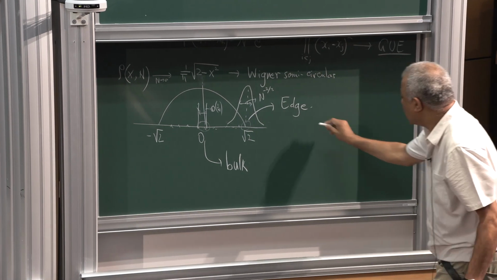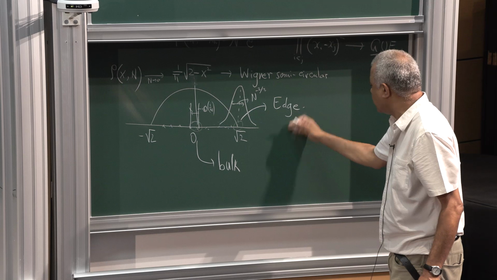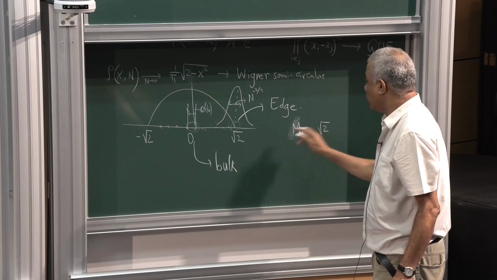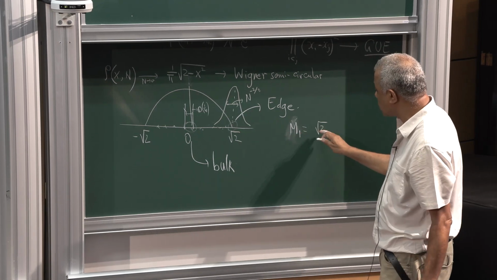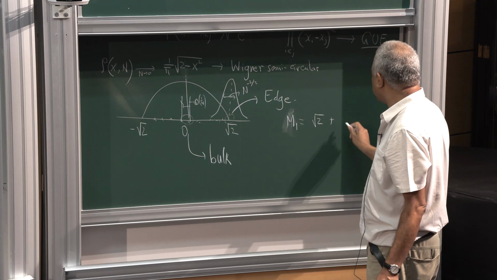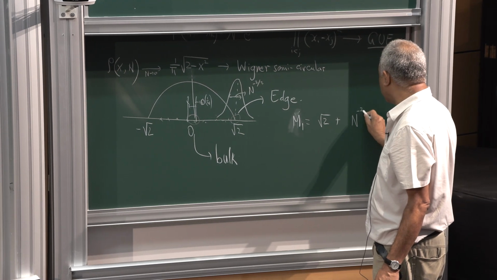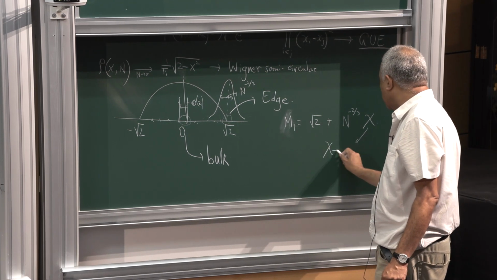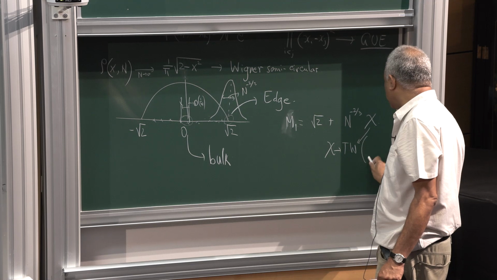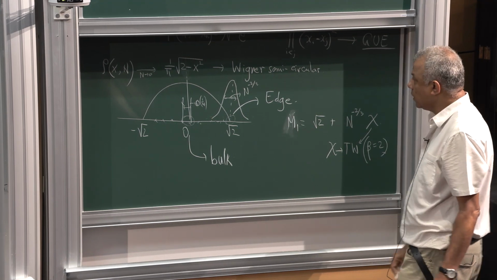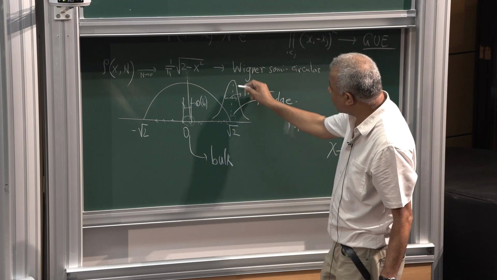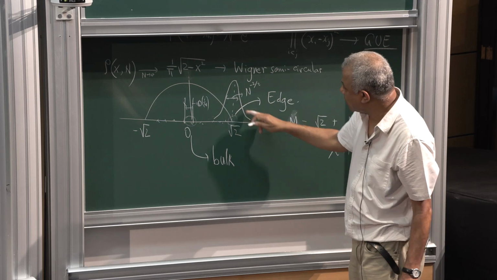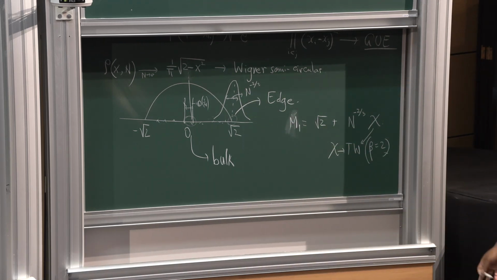So the maximum, x max if you like, or m1 in this case, is square root of 2, a deterministic part, plus n to the power minus 2/3 times some random variable chi, and this chi is the famous Tracy-Widom with beta equal to 2. This distribution has non-Gaussian tails. It behaves like exponential of minus mod x cubed on the left side and to the power 3/2 on the right-hand side.